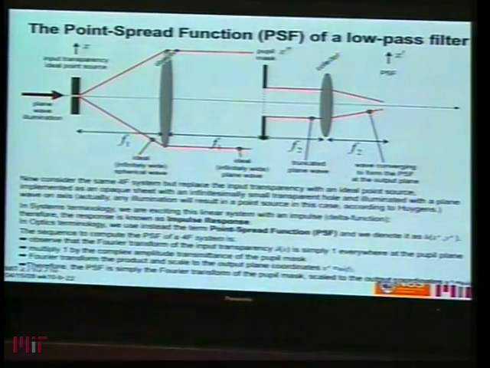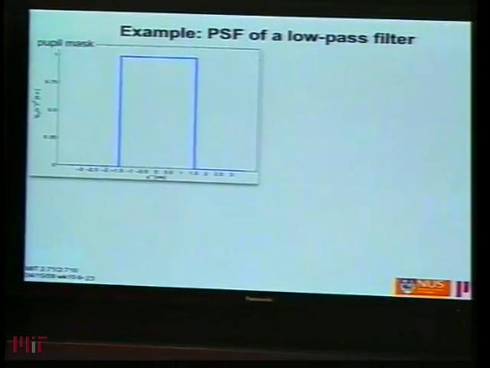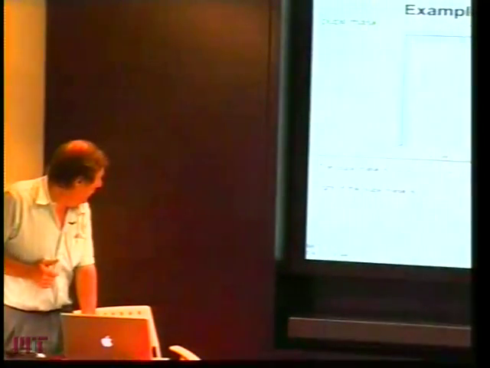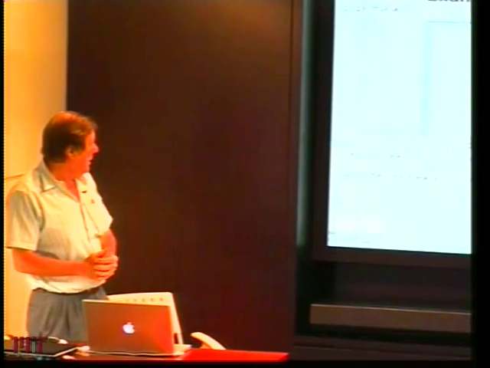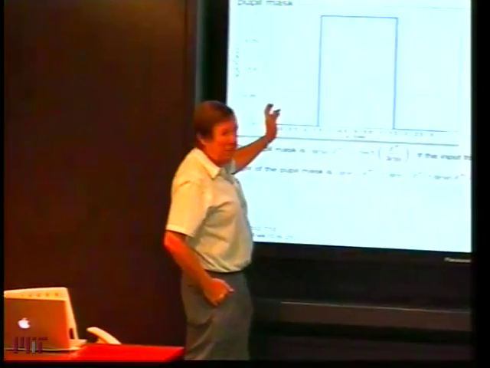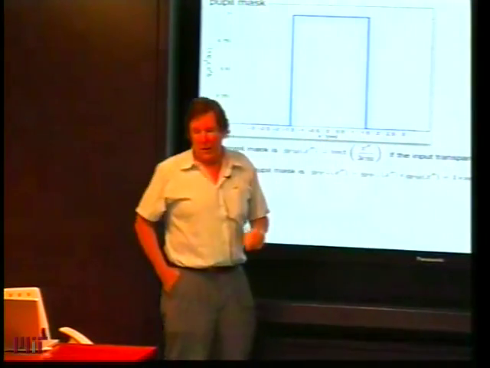Then last time we also, I'll go through this very quickly, said that if you've got a low-pass filter, i.e. in 1D, like a slit pupil, then the pupil mask is a rect function. If we're trying to calculate the image of a point object, the field when it gets to this pupil plane is just a constant, and after it's gone through the aperture, it will have this sort of amplitude variation.